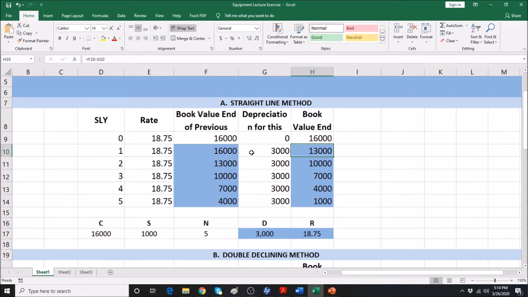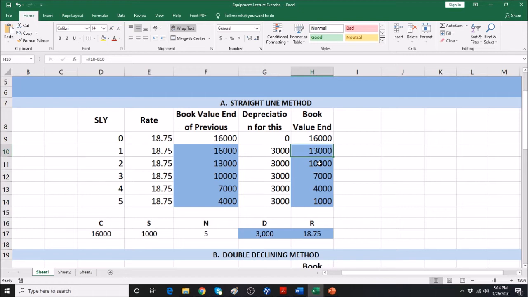On the previous year, it must be equal to this value here, and to get the book value you just subtract this value minus this, and that will give you this one here.